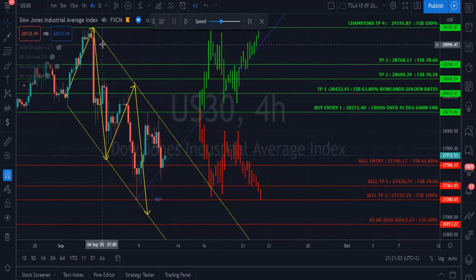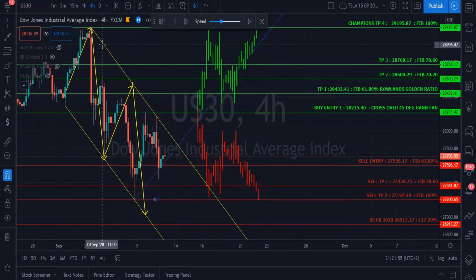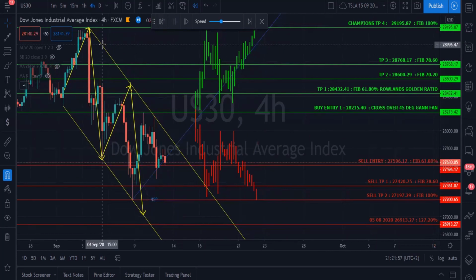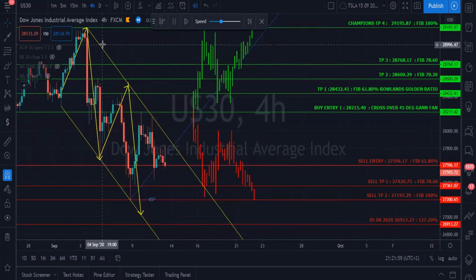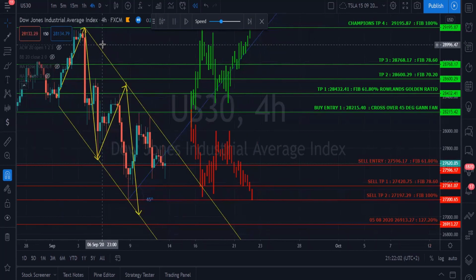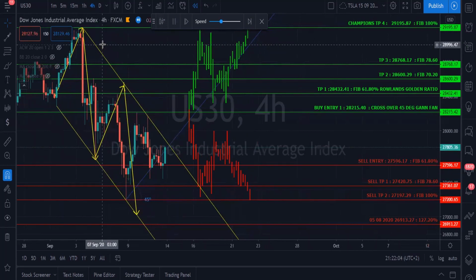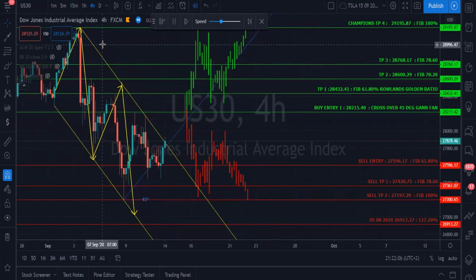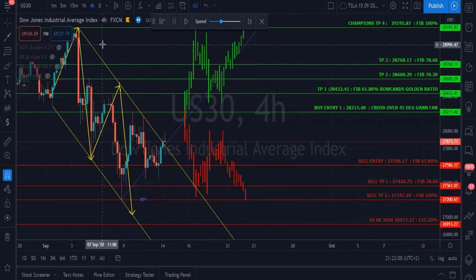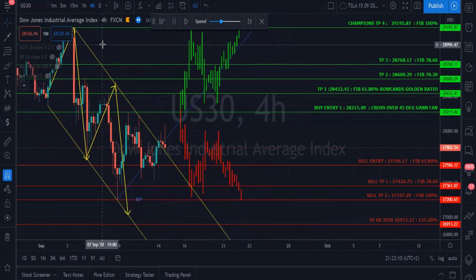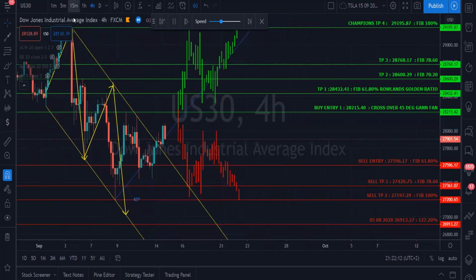See, it's hugging our 45-degree line there now. Yes. See, it broke our trend line up here, right? The clone trend line that we put, it broke that line.